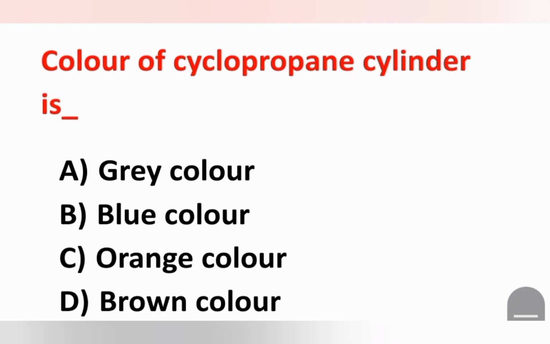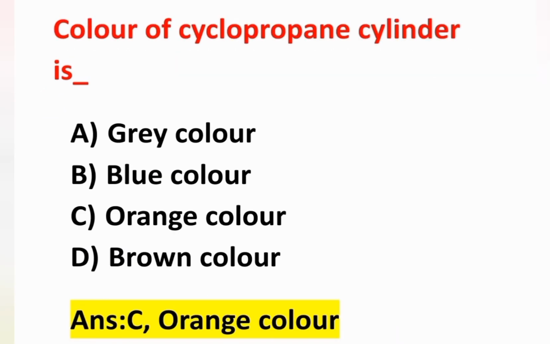And the next question, color of cyclopropane cylinder is: option A, grey; option B, blue; option C, orange; and option D, brown. The question is the color coding of the cyclopropane cylinder, and the correct answer is option C, orange, which is mainly used in the anesthesia setup.